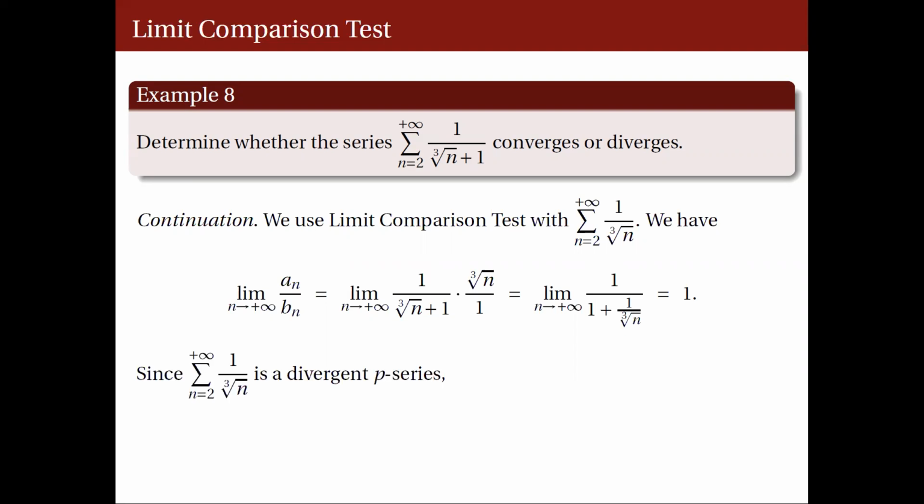Also, alam natin na divergent ang series 1 over cube root of n equal to infinity from our previous lecture. Kaya by limit comparison test, the series summation 1 over cube root of n plus 1 also diverges. Ginamit natin dito yung unang case sa ating theorem.